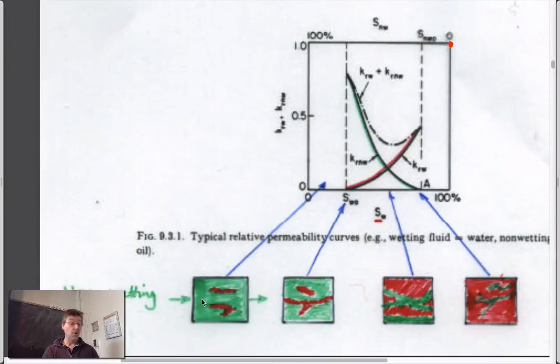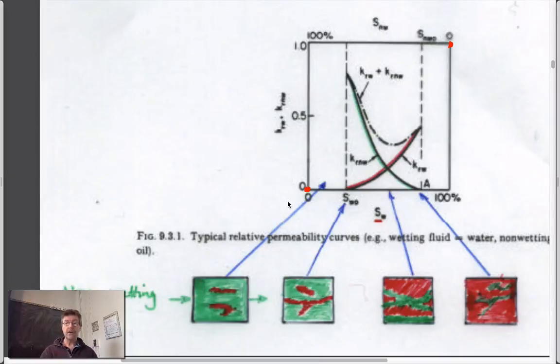When it's all NAPL, the saturation of water in the limit, the red goes to 0. The relative flow that comes out due to water should be this point. I'm going to take that off because I just don't want to complicate it.